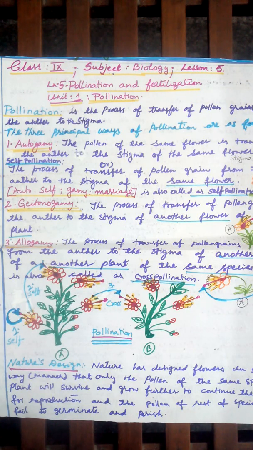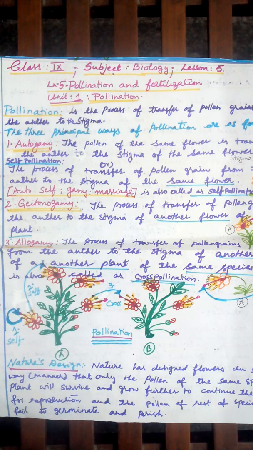The process of transfer of pollen grain from the anthers to the stigma of another flower of the same plant is geitonogamy. Geitono means neighbor. Number 3 now. Allogamy. The process of transfer of pollen grain from the anther to the stigma of another flower of another plant of the same species. Got it? And it is also called as cross-pollination.